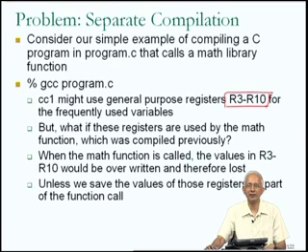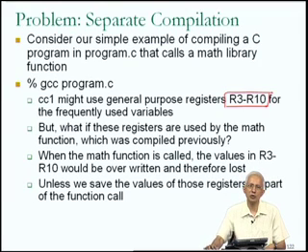Therefore, it is necessary, as part of the function call, that we save the values of those registers, in this particular example R3 through R10, so that before control is transferred to the math library, the values of R3 through R10 have been saved, and then subsequently on return from the math library function back to the function which did the call, the values of R3 through R10 can be restored from wherever I had saved them.